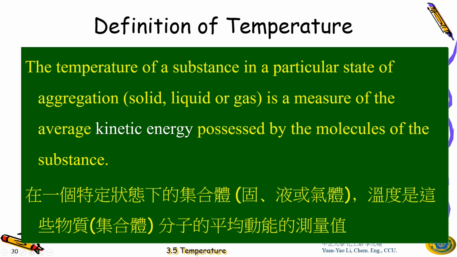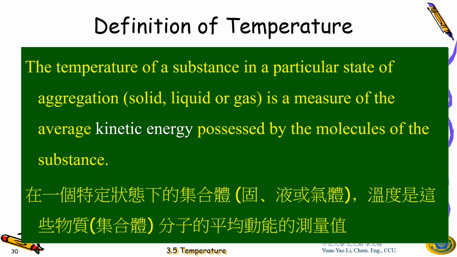For example, now the temperature in this room is 25 Celsius. So 25 is an indicator to tell us whether this room is hot or cold. And this number is the average kinetic energy of the molecules in this room.